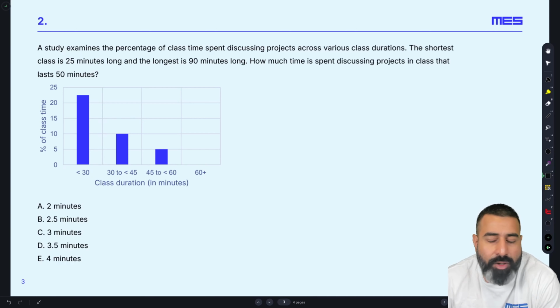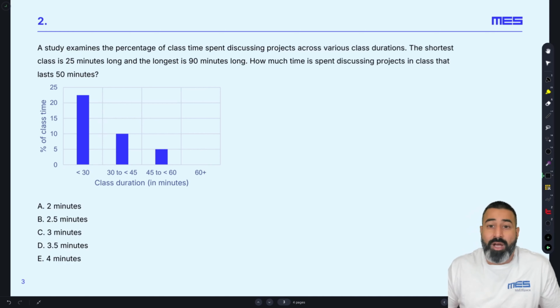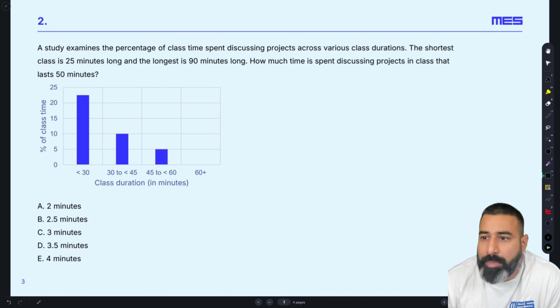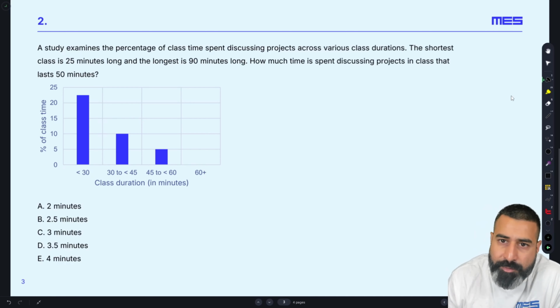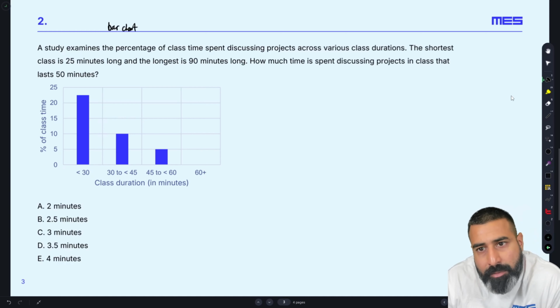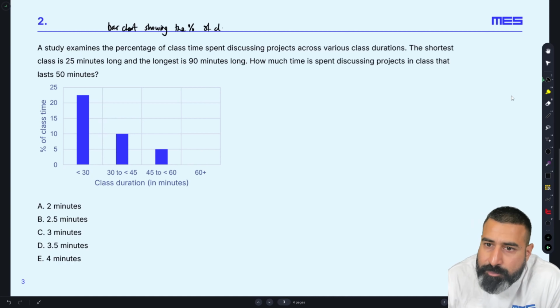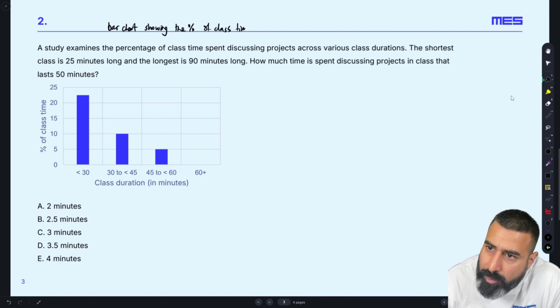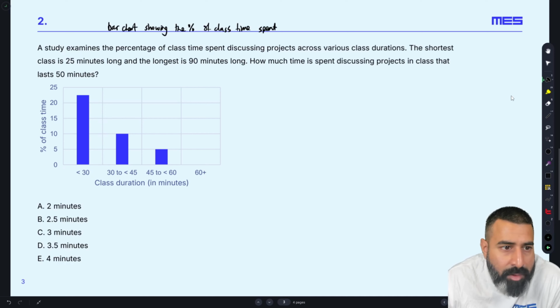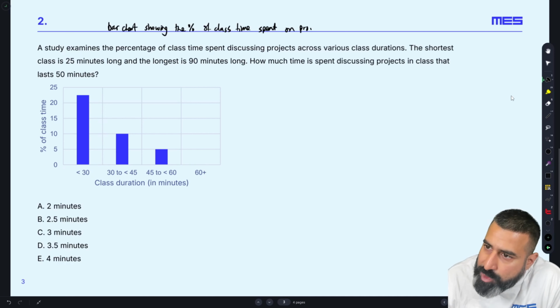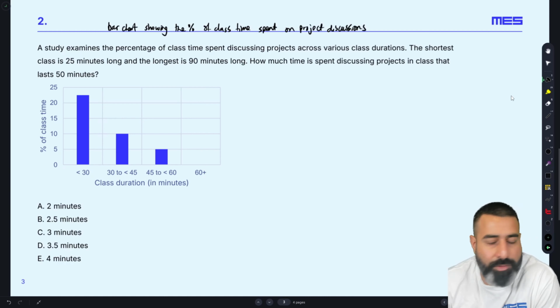Okay, so question summary. What are we actually being told? What are we shown? We've got a bar chart showing the percentage of class time spent on project discussions versus the class duration.